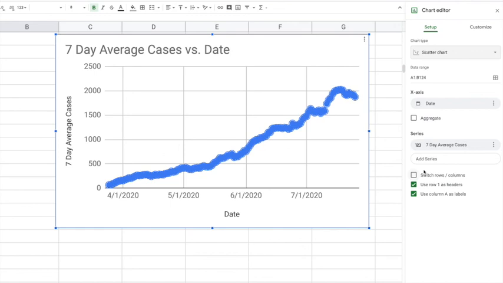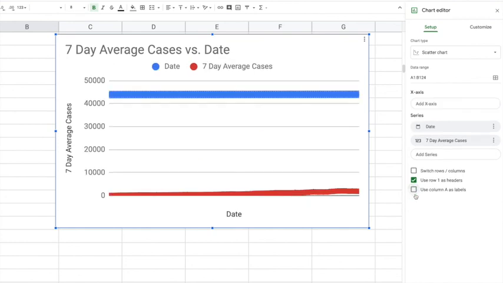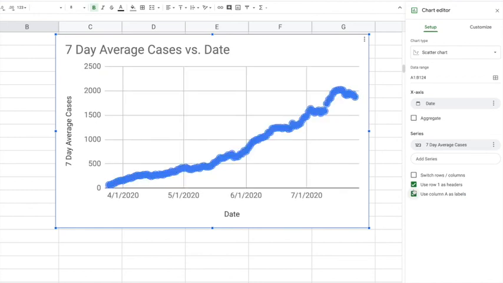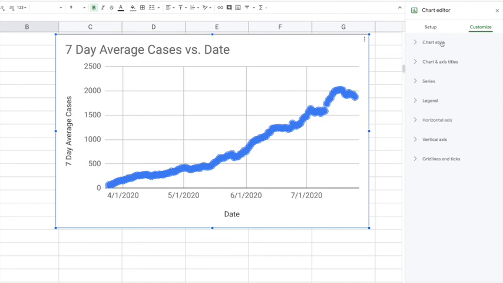And the points are way too big for my liking. So I'm going to go to Customize. Oh, and make sure these 2 checks are checked here, because if you lose one of them, you get these 2 lines that just go straight across the thing. So here, by saying use column A as labels, it's talking about the x-axis. All right, so we're going to go to Customize, then Series.